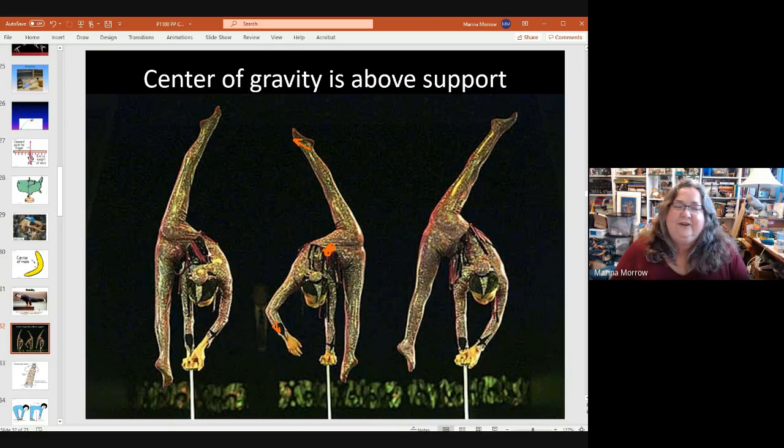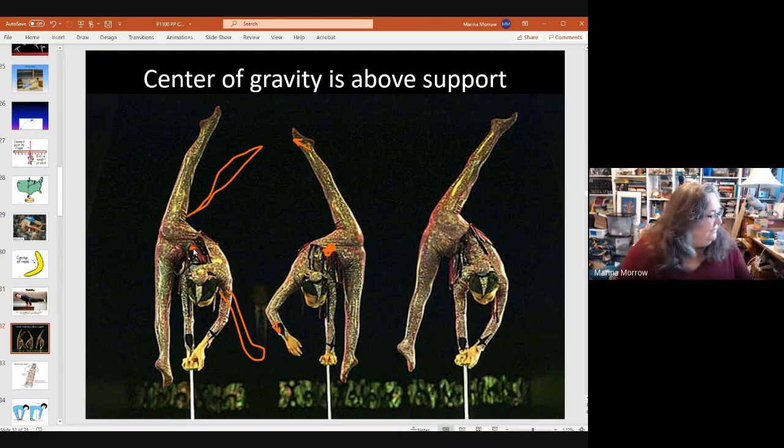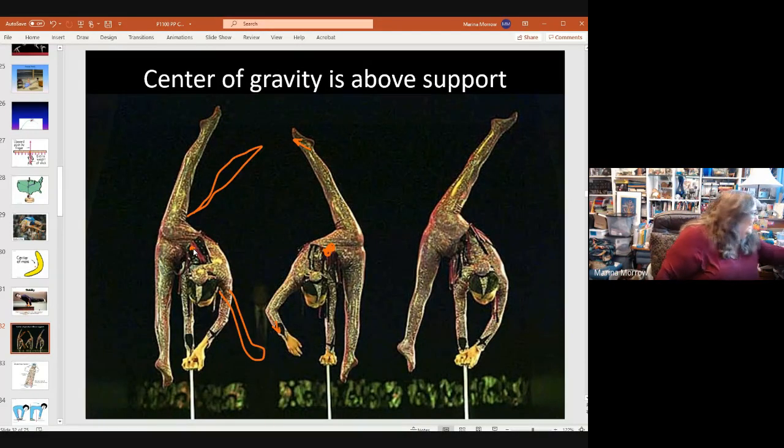And the other girls are still on two hands, but hopefully they'll let go soon. They are adjusting their legs. So this leg needs to go further over, and that will bring her center of mass probably where she needs it. Then her arm goes out like the other girl, and then she can stand on one hand. So the idea is you can adjust the center of your mass so that you can do weird balancing things like that.